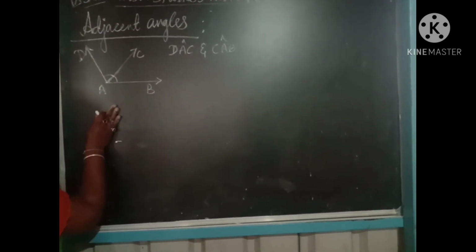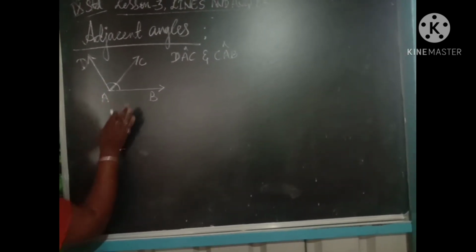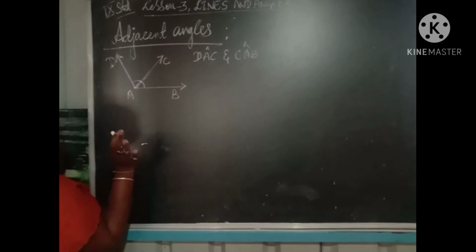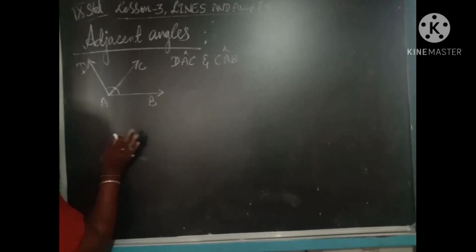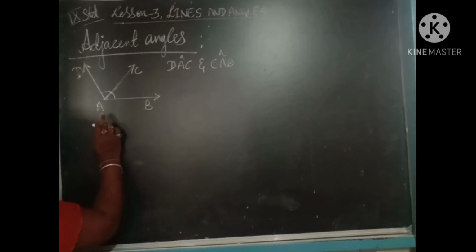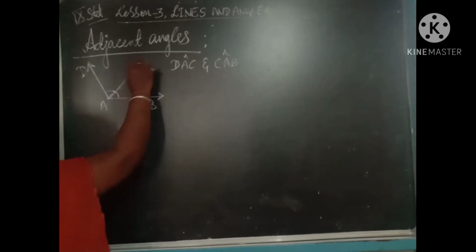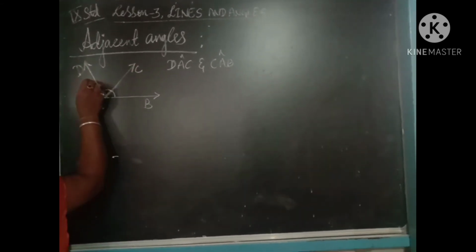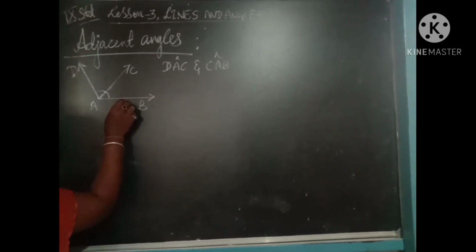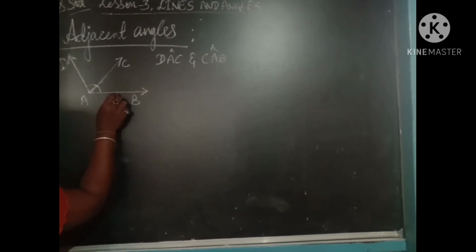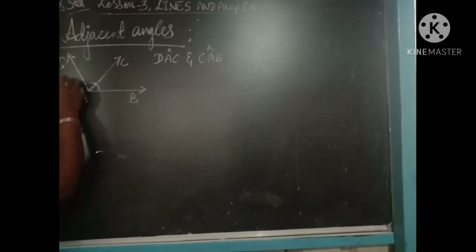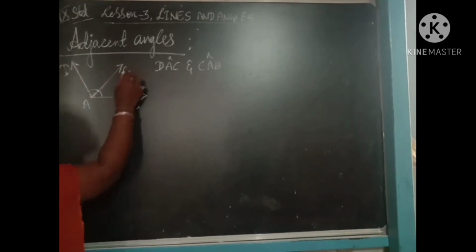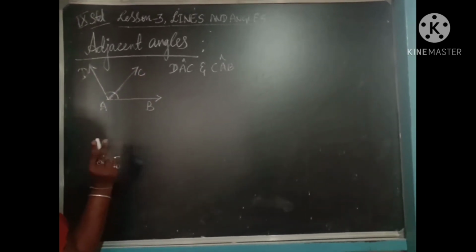When we compare and learn, then you will understand clearly. Once again, two angles which have a common point, a common arm and non-common arms are called adjacent angles. Here DAC and CAB are the two adjacent angles.